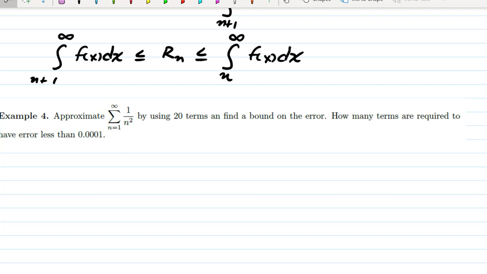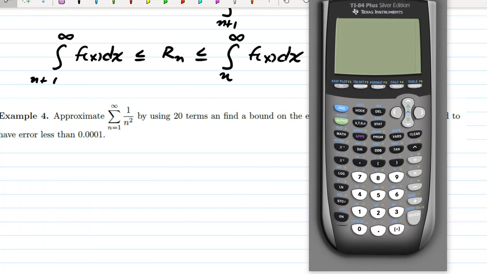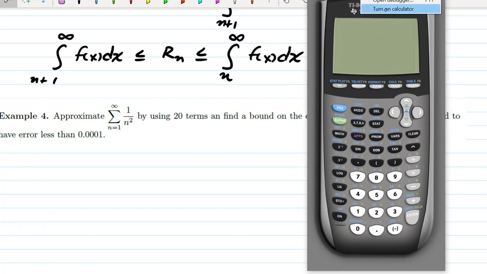And then, second part, how many terms are required to have an error less than 0.0001? Okay, well, let's grab our graphing device, and let's see what a 20-term approximation looks like.